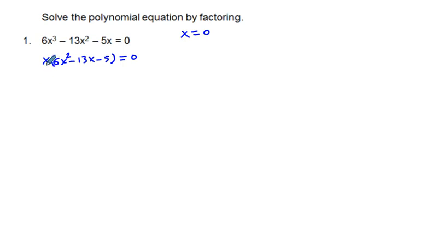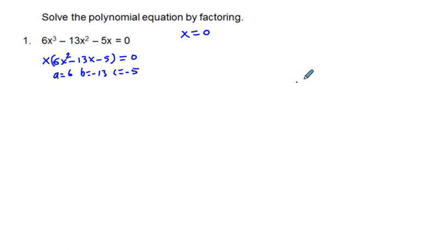this single x equals 0, the equation is true. And now what we have is a quadratic trinomial without just a plain x squared. So here we have a is equal to 6, b is equal to negative 13, and c is equal to negative 5.